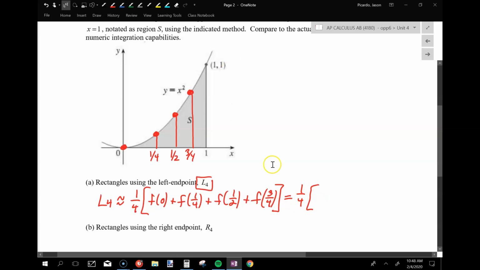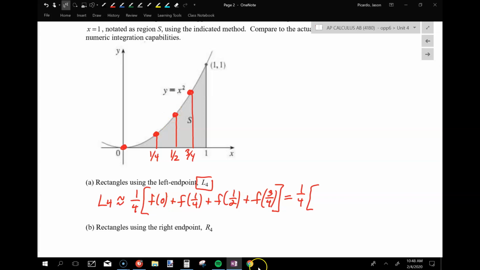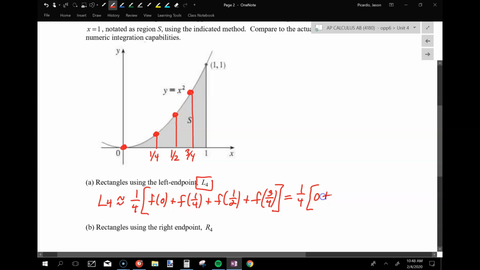Just so happens that we know what the function is. It's x squared, right? So what is 0 squared? What is 1/4 squared? What is 1/2 squared?